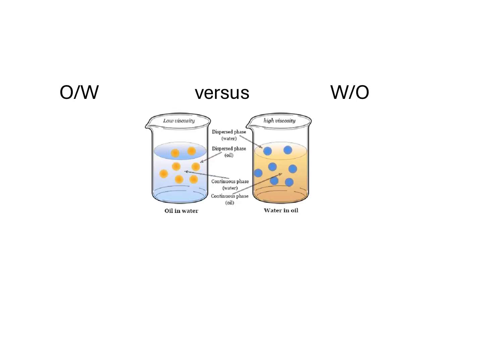So basically, if we have an oil in water, it generally conducts electricity. In contrast, a water in oil will not conduct electricity.